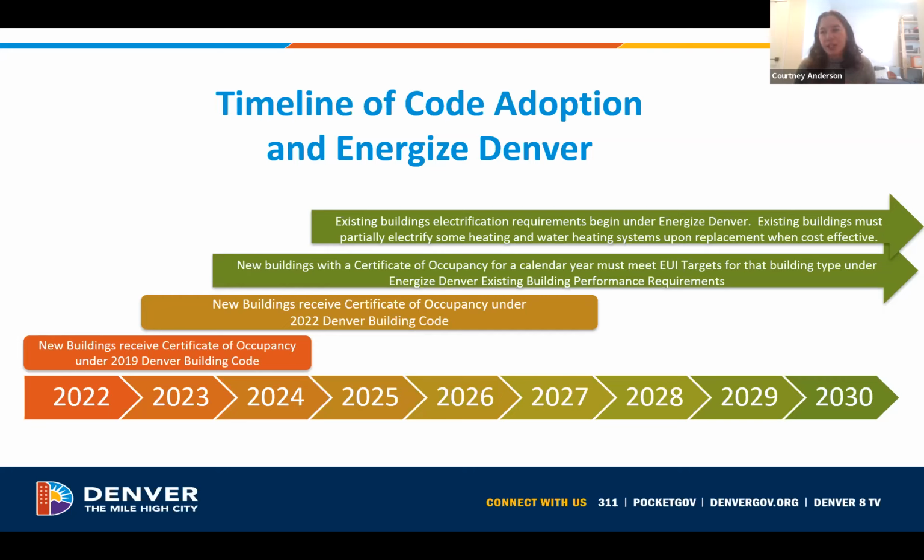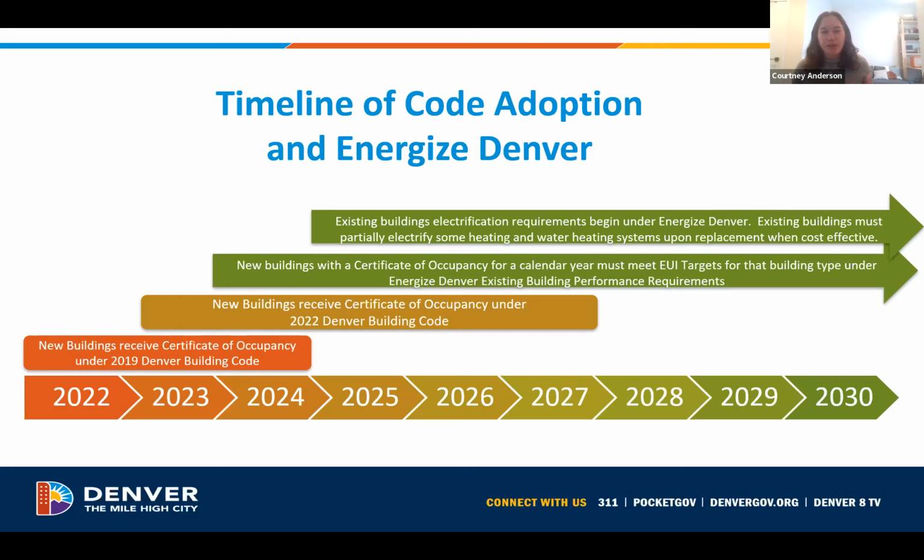So this reddish orange color, you can see when the new buildings receive their certificate of occupancies under our current 2019 Denver Building Code. Those are allowed to be permitted through the end of 2022, but they can still receive certificate of occupancies up until maybe 2024.